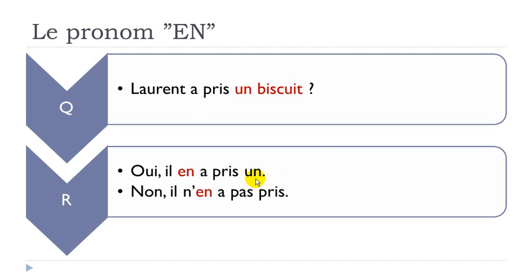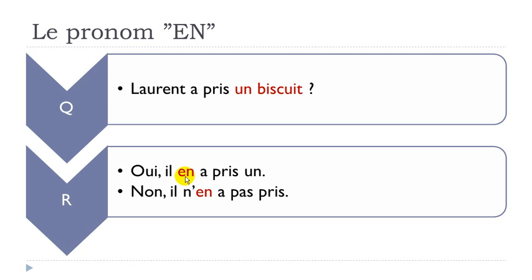Okay, so the important thing now is to try to remember that when you've got this form, a pris, even if you've got two parts, well, technically you don't have two verbs, you've got one verb. Okay, so your pronoun en should be before the verb, so it means before a here.